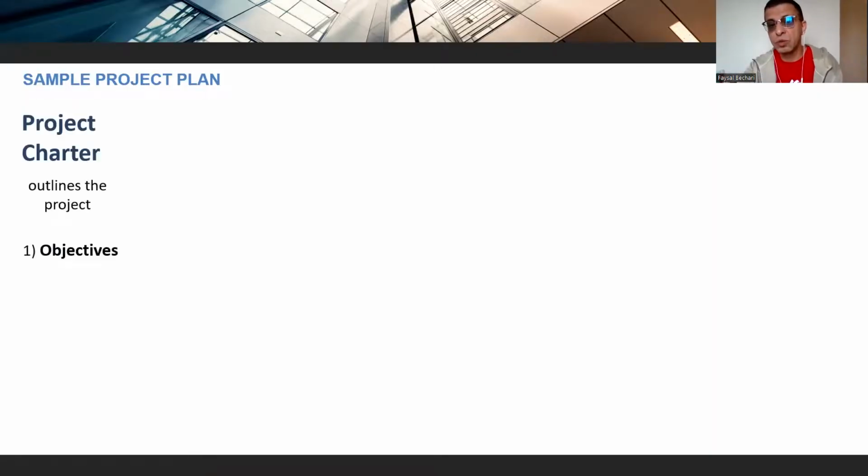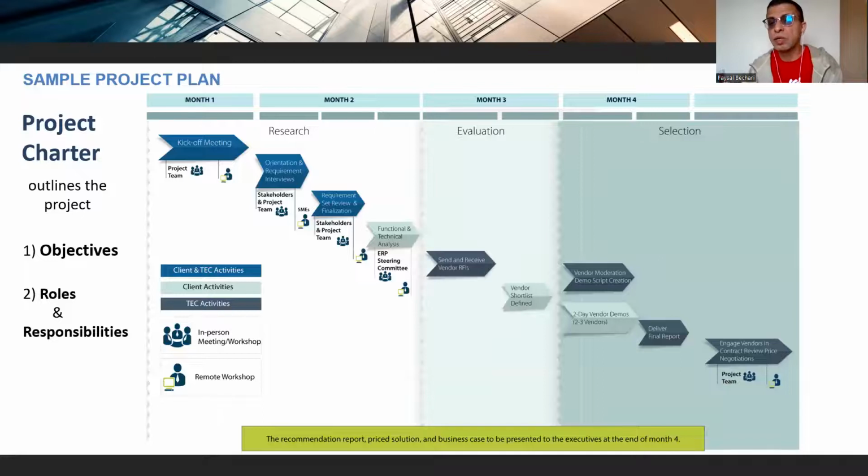So what I suggest you do in the beginning is build some kind of sample project plan, a plan for the project plan. So a plan before a plan. Here, in the first month you do research, in the first 2 months, then evaluation, then selection, and share this information with the stakeholders.